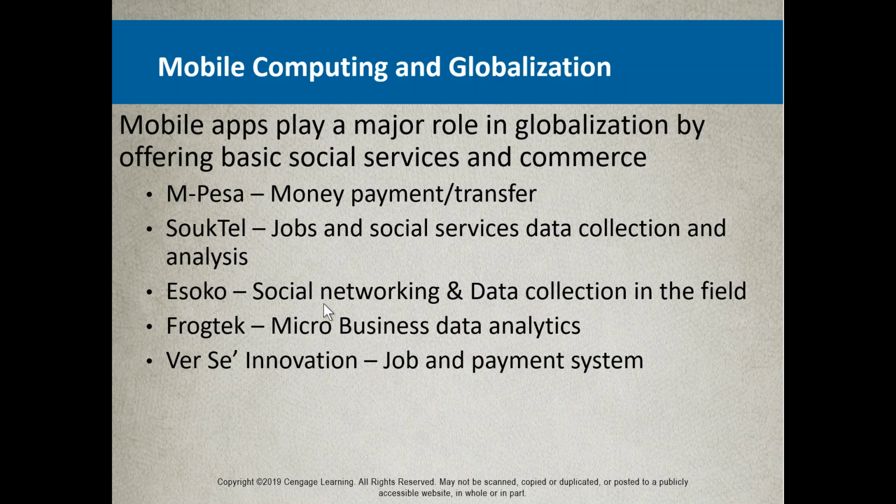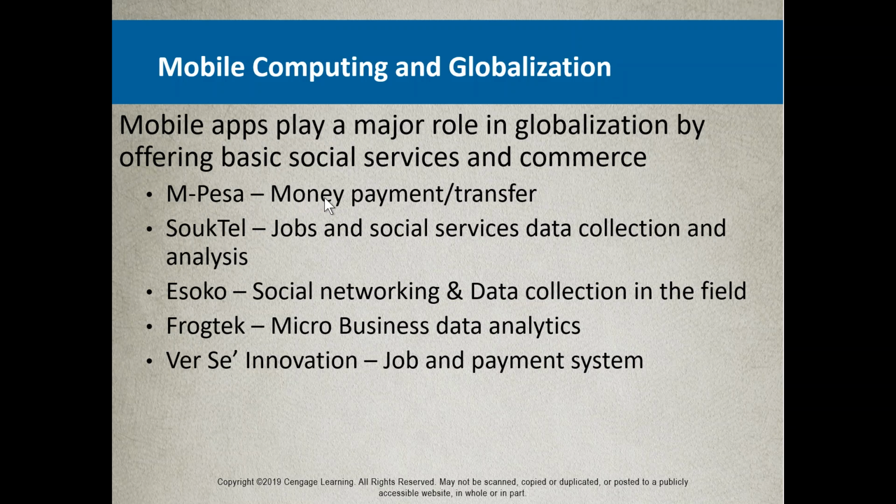Now, when we're talking globalization, in a lot of countries, people don't have computers. They have mobile phones because they're relatively cheap. And as a result, a lot of globalization apps have come out. So some people can transfer money now from country to country using a variety of different apps. These are the apps that were in the book. I don't, of course, use any of these because they're in different countries.